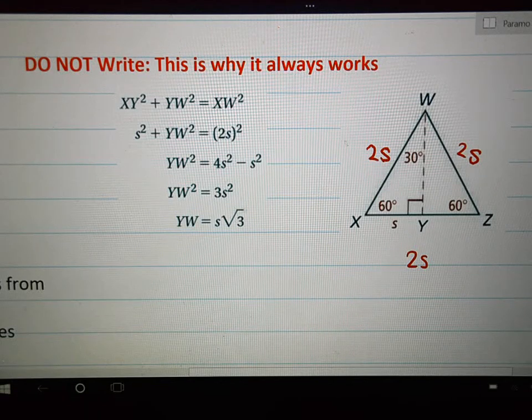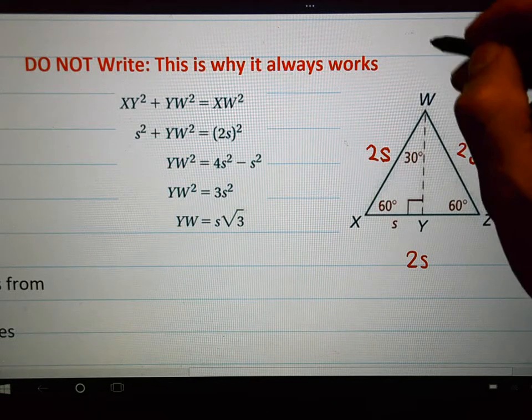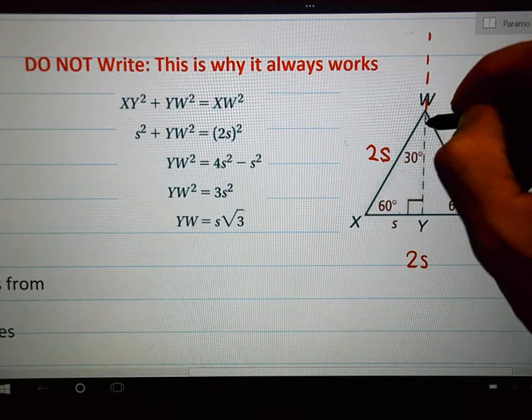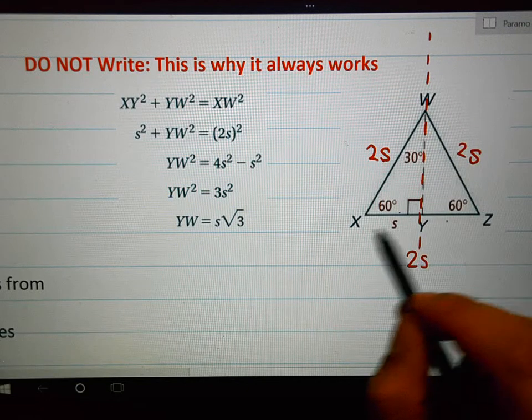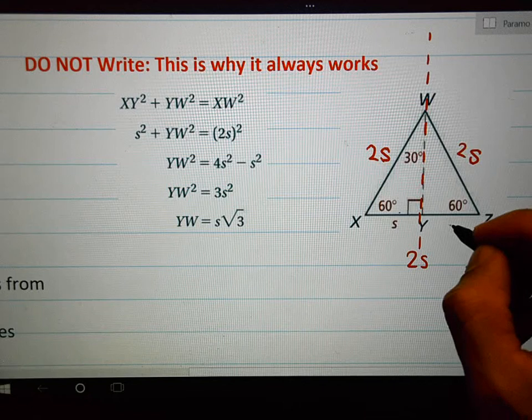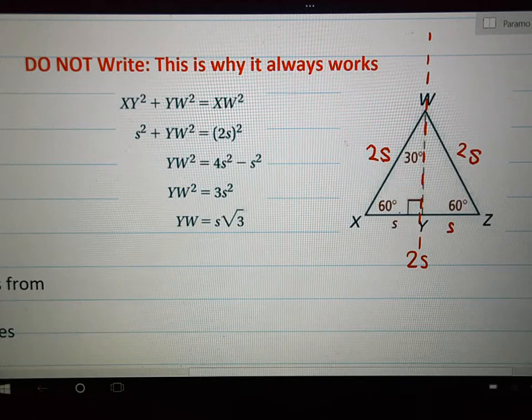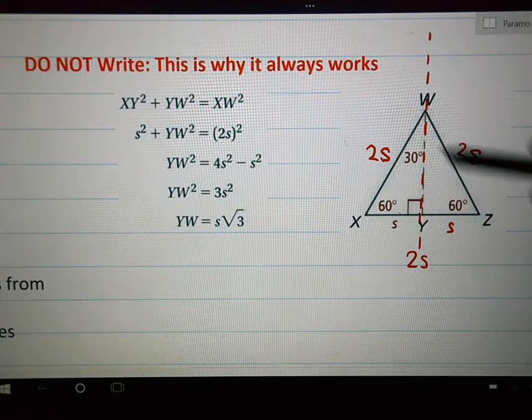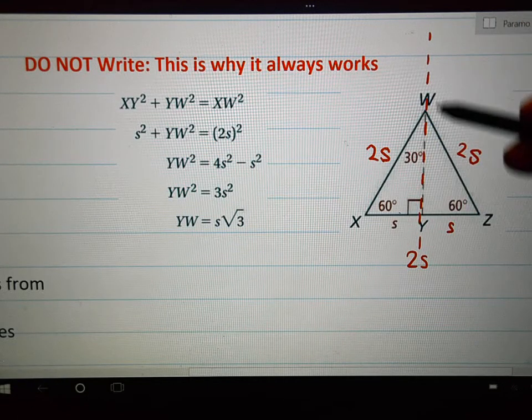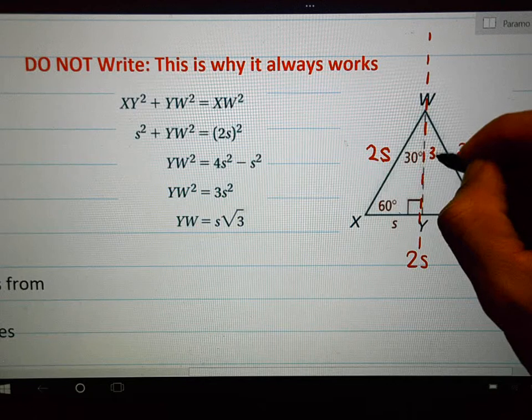And I chose 2s because if I cut it directly in half, then I know how long the bottom's going to be. One s and another s, right? That would be 2s. And if I had an equilateral triangle, all three sides are the same. All three angles would have to be the same, and then you could split it right down the middle, right?